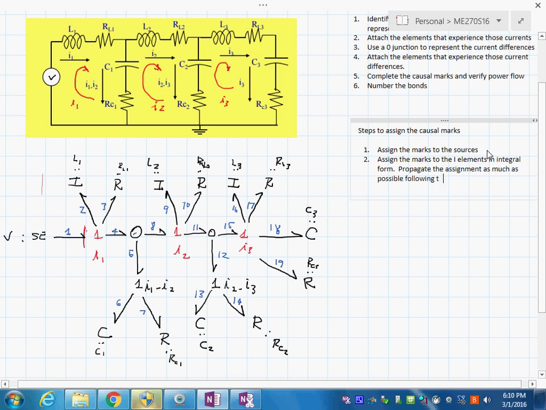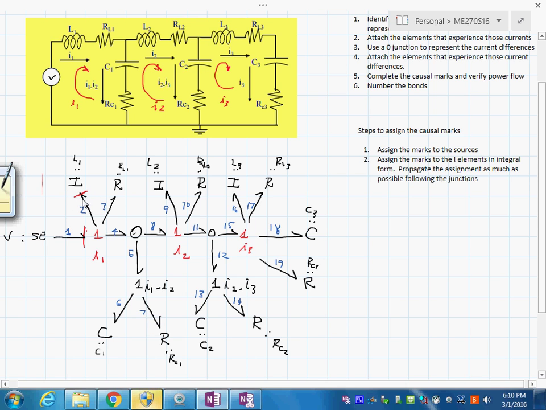And when I say propagate as much as possible, it means these others have to be like this, because the one junction can have only one flow in. If we do it to the next, look what happens.